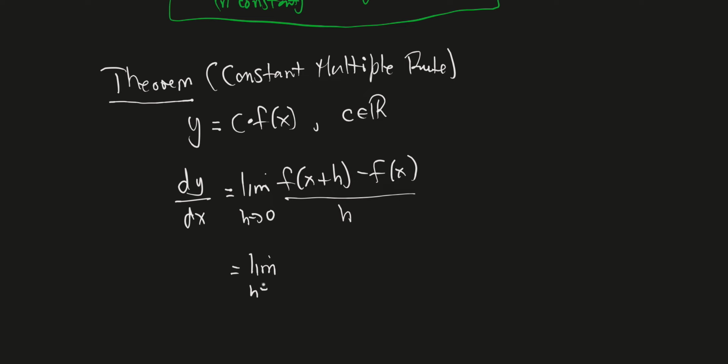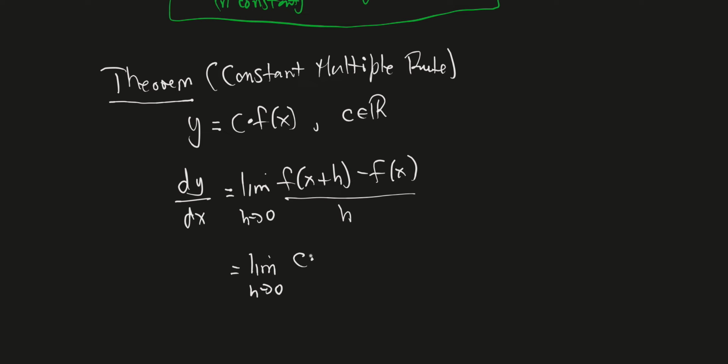Let's see what algebra can do for us. Here, it's basically saying take this function and wherever there's an x, replace it with x plus h. So the constant is going to be multiplying f of x plus h.